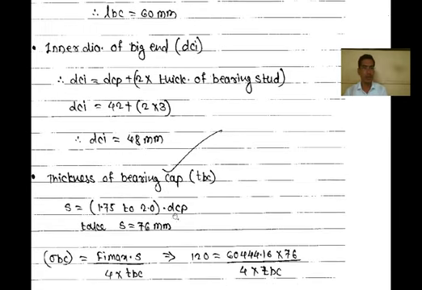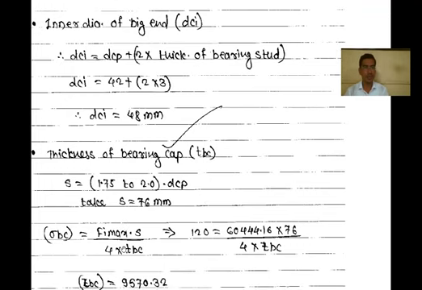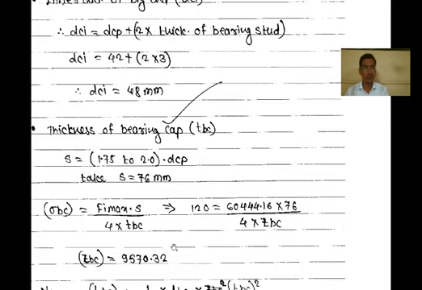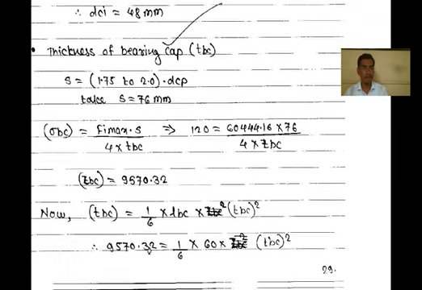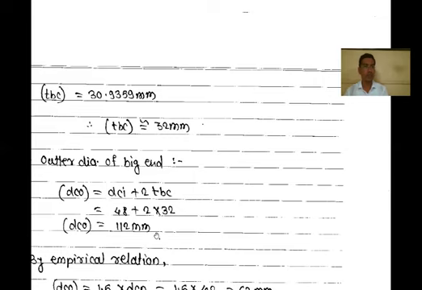Now the thickness of the bearing S is equal to 1.75 to 2 into DCP. Therefore, take S is equal to 76 mm. Now sigma BC, that is nothing but stress, is Fi max into S divided by 4 times TBC. So the TBC will be, with stress 9570.32 Newton per mm square, equal to 32 mm.